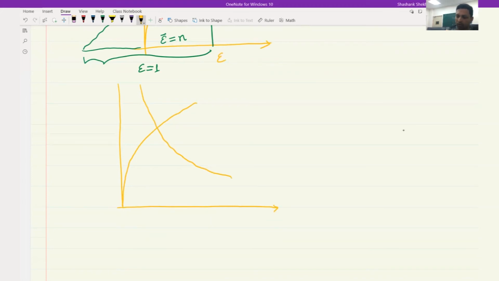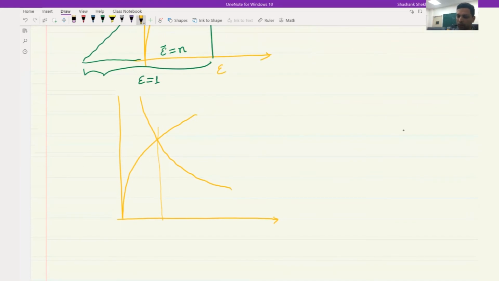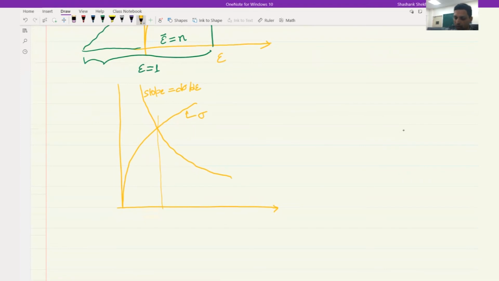So at one particular point, they will intersect. There the slope d sigma by d epsilon equals sigma. And this is the point where instability or necking starts.